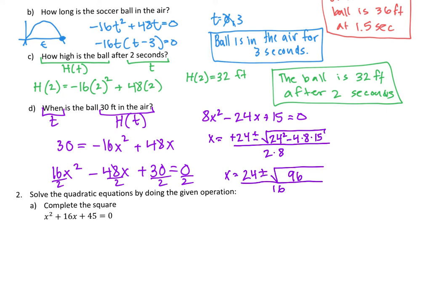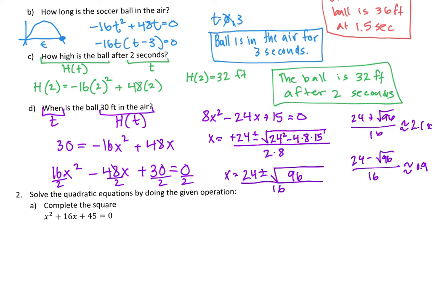So if I go 24 plus the square root of 96 over 16, we get approximately 2.1 seconds. And if we go 24 minus the square root of 96 over 16, that is approximately 0.9 seconds.